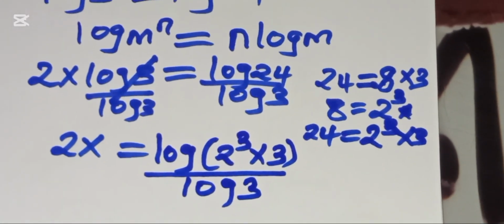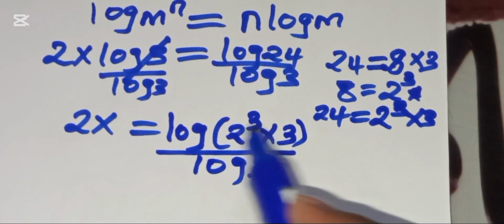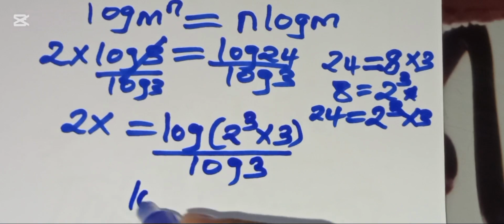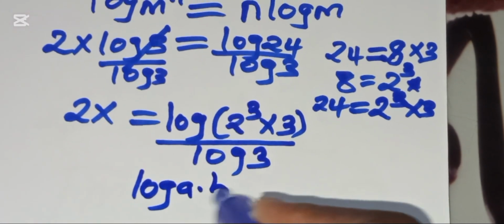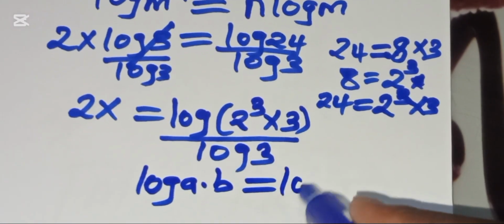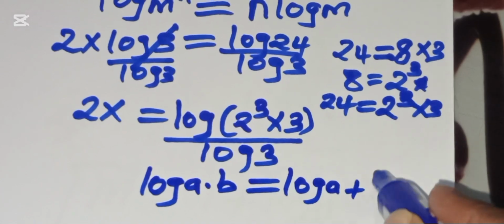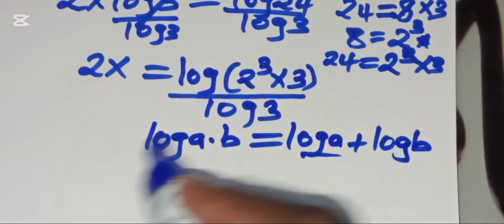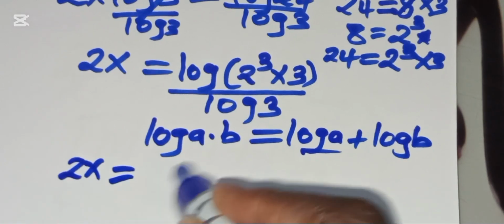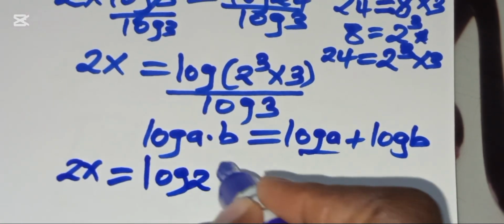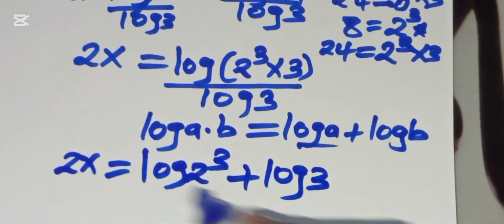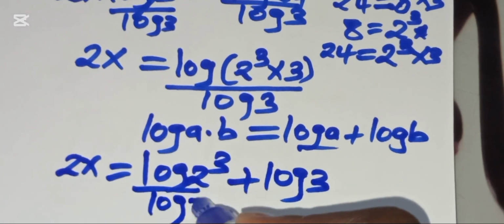Now from what we have here, log of 2 raised to the power 3 times 3 is in the form of log a multiplied by b, which we can transform as log a plus log b. So let's apply this property so that we're going to have 2x equal to log 2 raised to the power 3 plus log 3, divided by log 3.